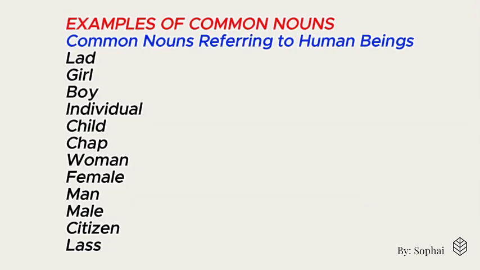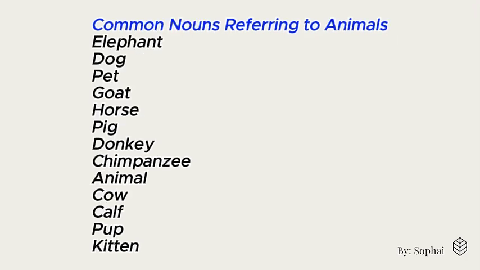Examples of common nouns. Common nouns referring to human beings: lad, girl, boy, individual, child, chap, woman, female, man, male, citizen, lass. Common nouns referring to animals: elephant, dog, pet, goat, horse, pig, donkey, chimpanzee, animal, cow, calf, pup, kitten.